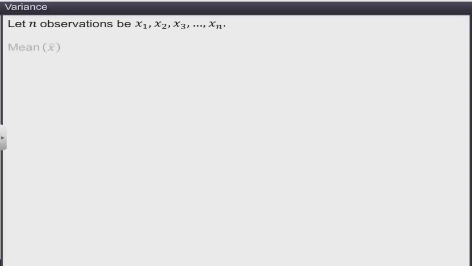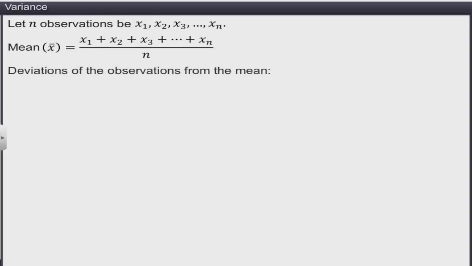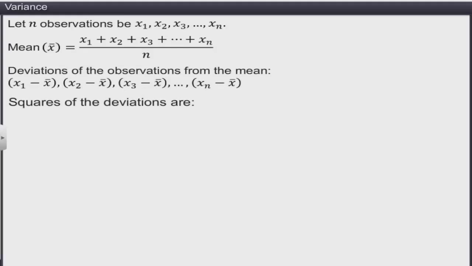The mean of the observations, x bar, is equal to the sum of the observations divided by n. Now, the deviations of the observations from the mean are shown. The squares of the deviations are x1 minus x bar whole squared, x2 minus x bar whole squared, and so on, up to xn minus x bar whole squared.